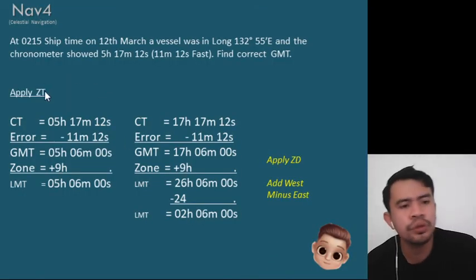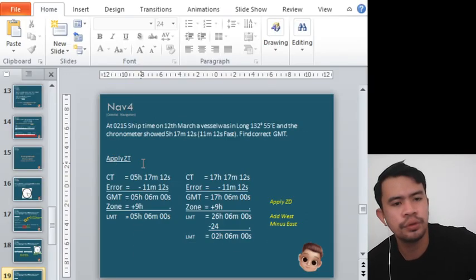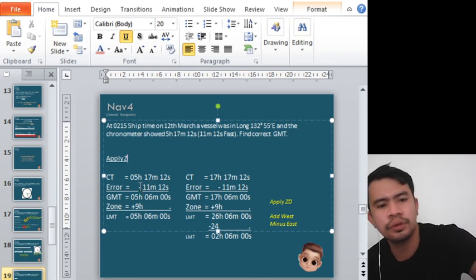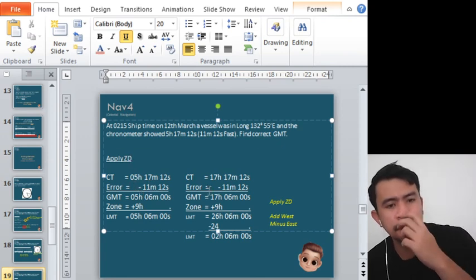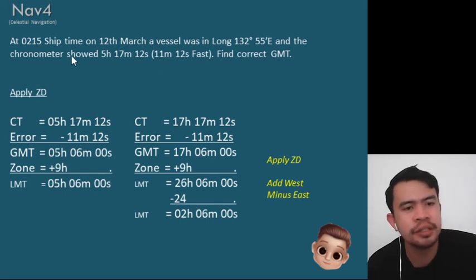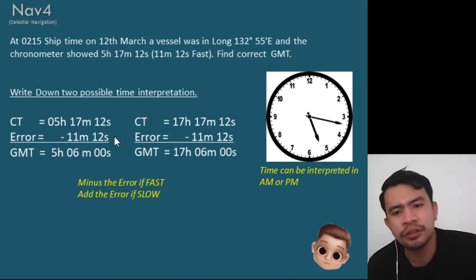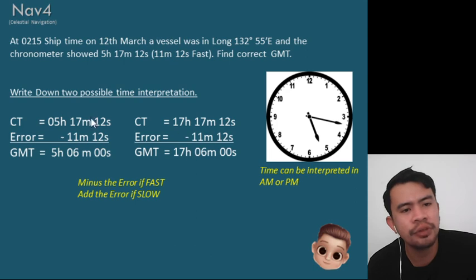Okay, so in this case, no, dahil ito na po yung dalawang interpretation natin, ang next natin gagawin is i-convert natin tong GMT, itong GMT na to na given na sinolve natin, that hindi natin alam which of the two will be the answer para dito find the correct GMT, either of the two.